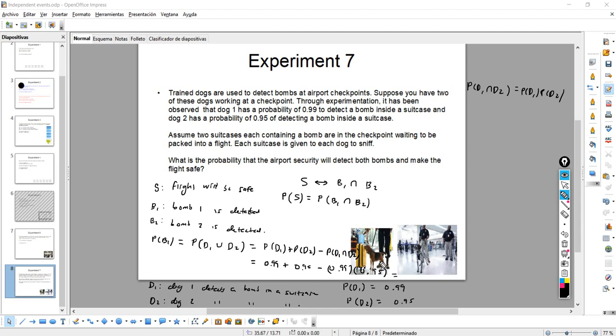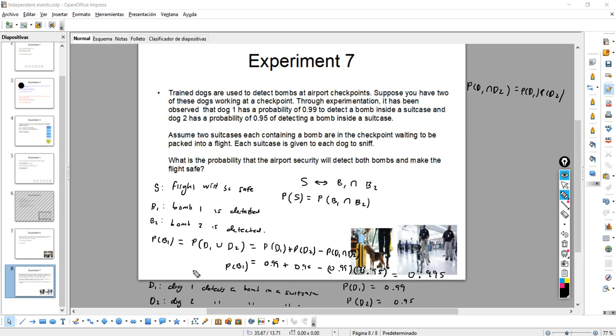And what I get is 0.995. That is the probability of B1. What is B1 again? It is the probability of the bomb 1 being detected. It's this much, 0.995.